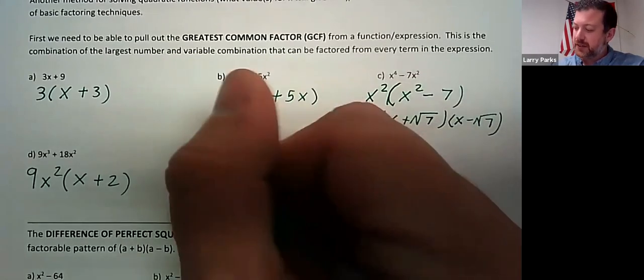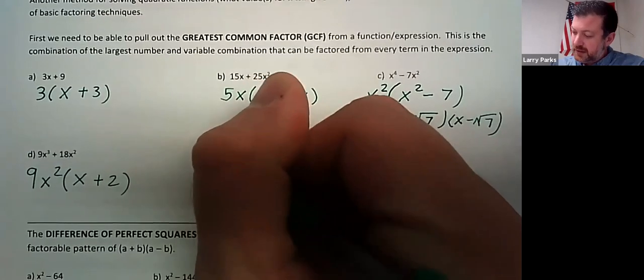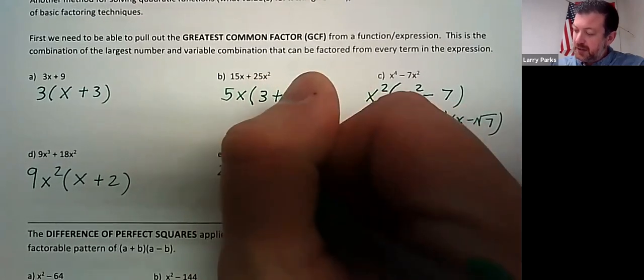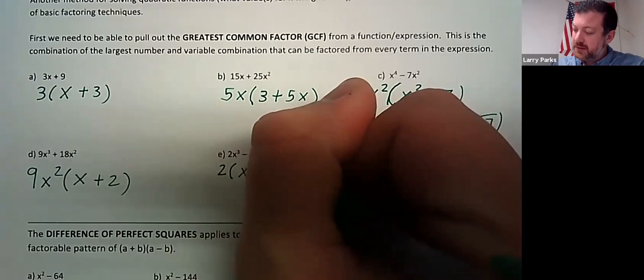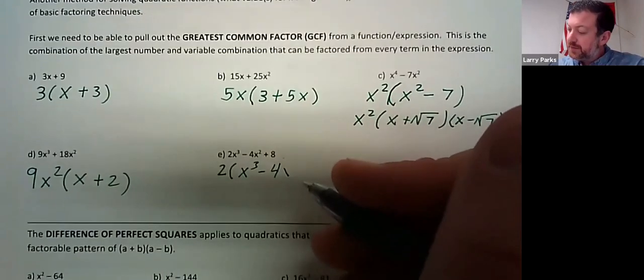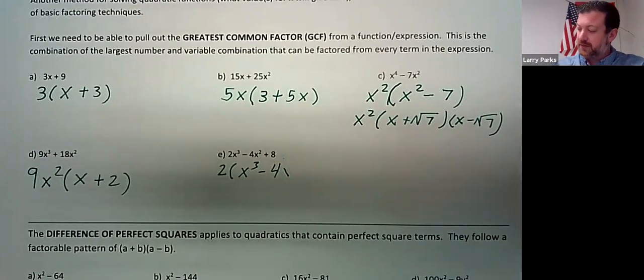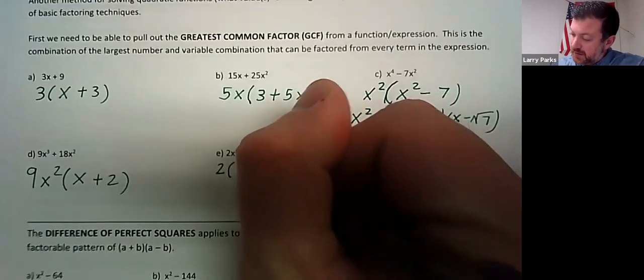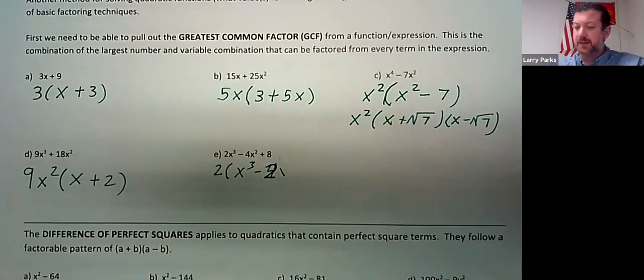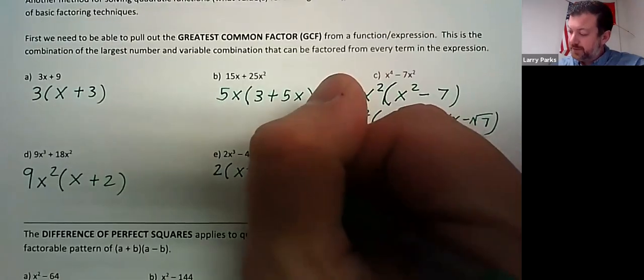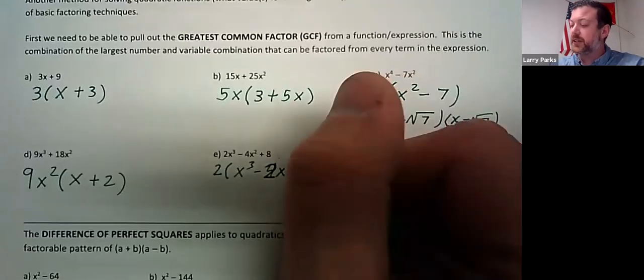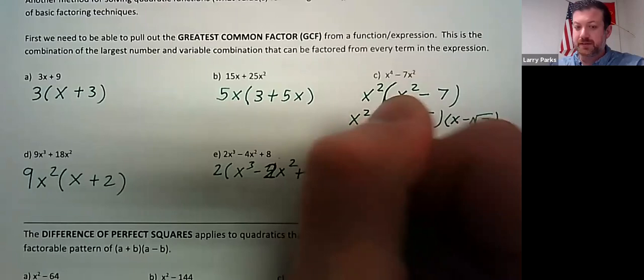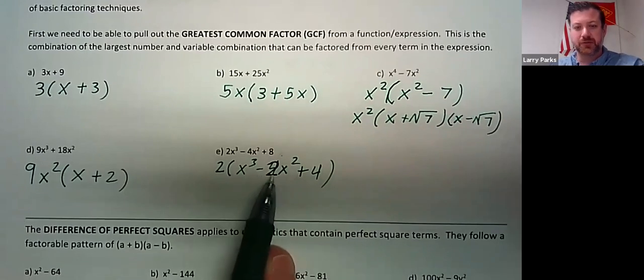So I can take out the 2, leaving x cubed minus 4x squared. Oops. That's going to be 2x squared. And then 2 times 4 is 8. So that is a 2. Because 2 times 2 is 4.